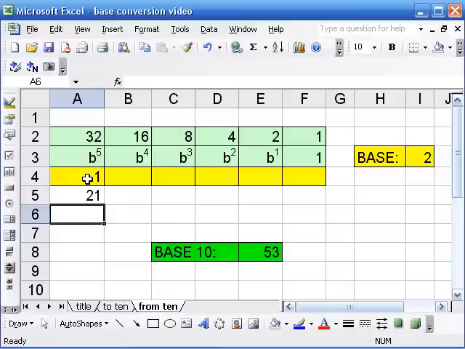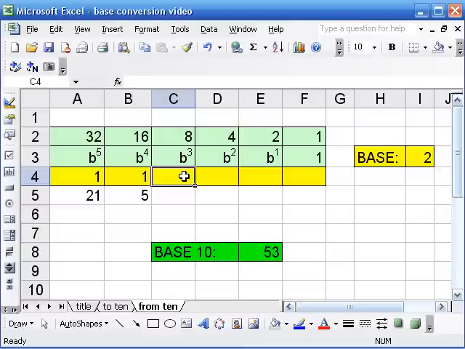Okay, now I really do need that 1 times. If I were in a base where I had numbers bigger than 1 to represent the digits, then I would be taking away more than that. All right, so I have 21 left, and I say, how many 16s? Well, there's 1, and then there are 5 left. I have 5.